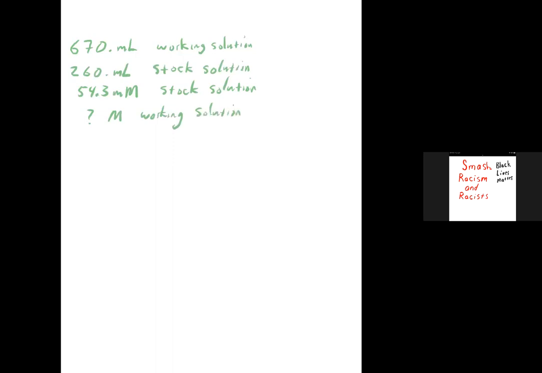Okay, so let's take a look at that. So we're going to say in this case, working is dilute. Okay, come back to the dilution equation. We'll call it working, W, right? We want the concentration of the working solution. So that's this right there.